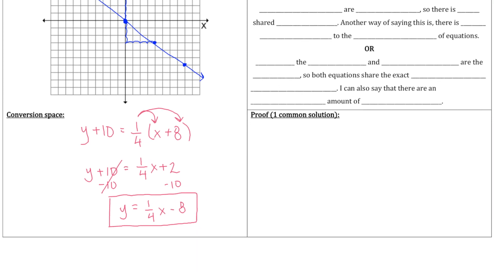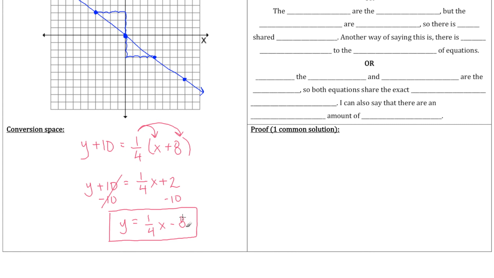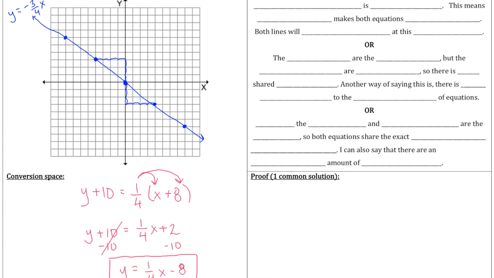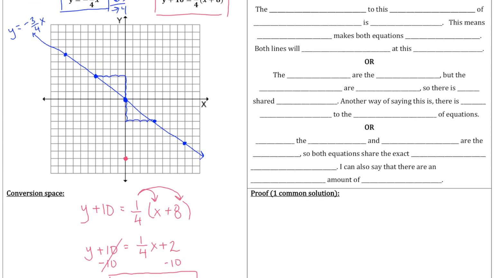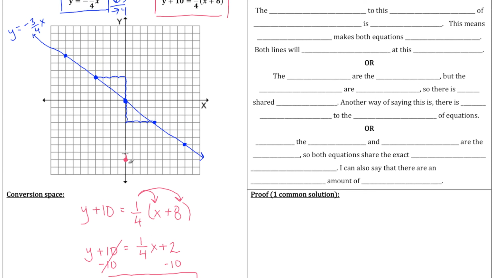So I'm going to go to (0, -8), and I'll graph my first solution to this. And then I will use my slope, which is 1/4. Yeah, up 1/4. Up 1/4.